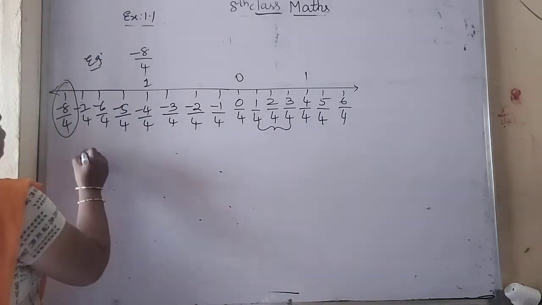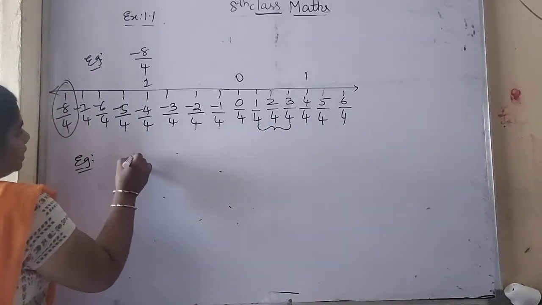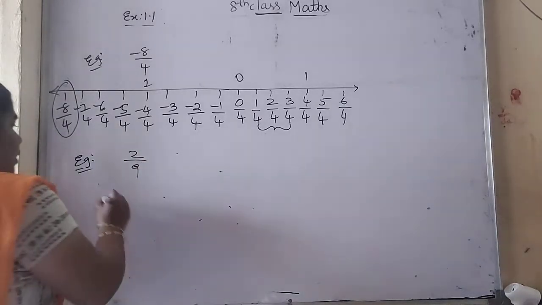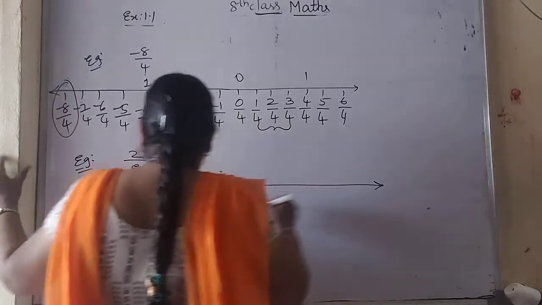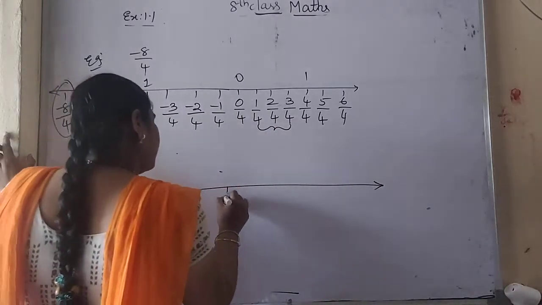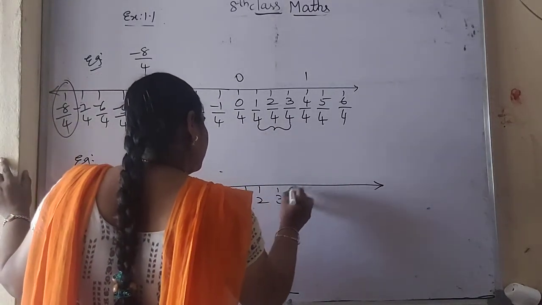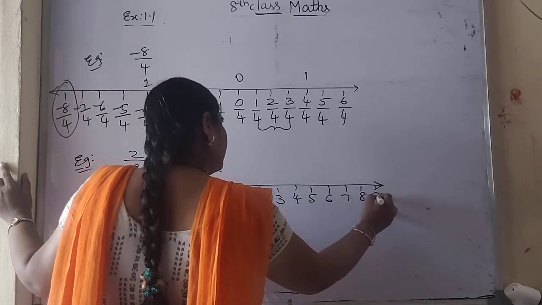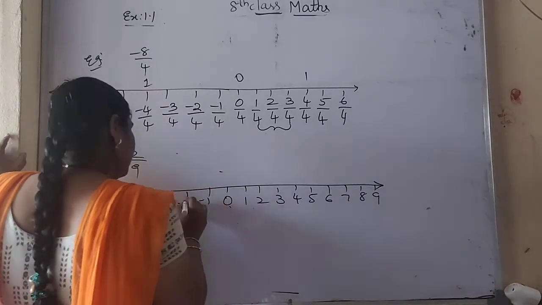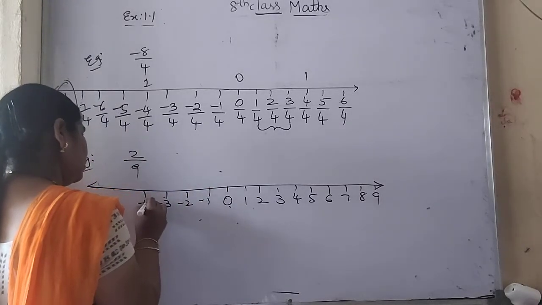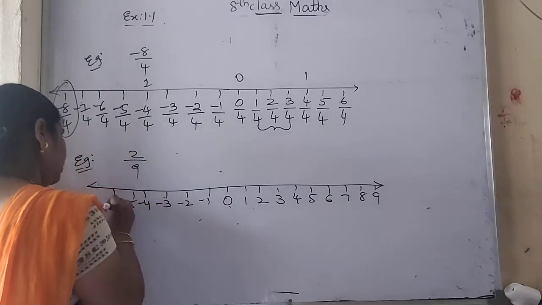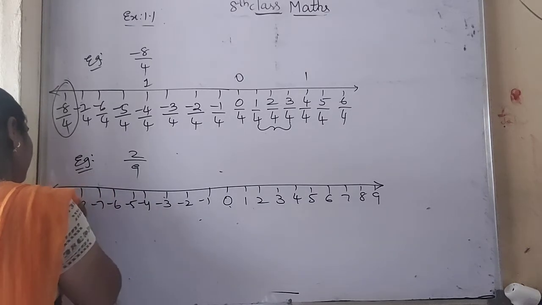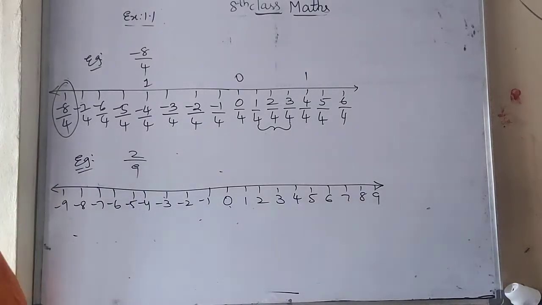Okay. So in the same case, I am taking one more example, 2 by 9. Represent this on a number line. So what is the denominator value? 9.